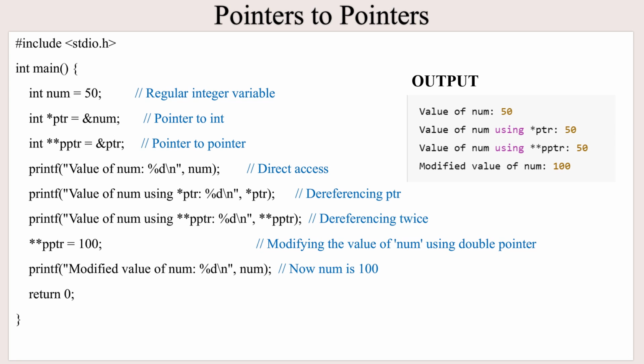Printing values: num prints 50, direct access. *ptr prints 50, dereferencing ptr to access num. **pptr prints 50, dereferencing twice to access num. Modifying num using pptr: since pptr points to ptr and ptr points to num, changing **pptr modifies num.